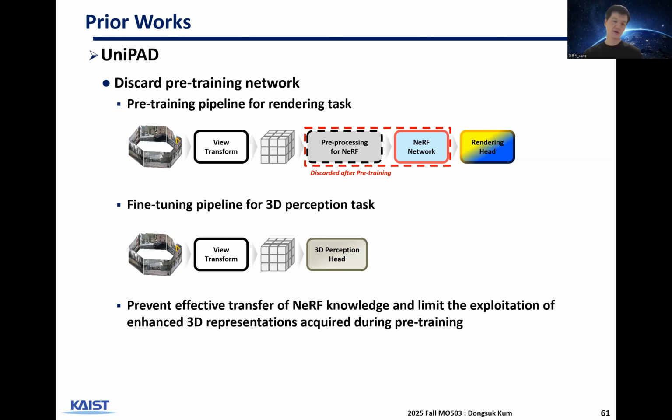So 2D to 3D. We are trying to learn 3D features from 2D images, so it's an ill-posed problem. It's not trivial. So for those reasons, 3D self-supervised learning in 3D perception is a pretty challenging problem.